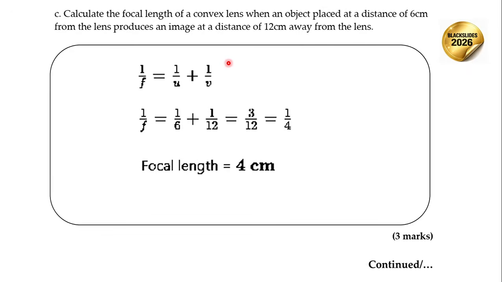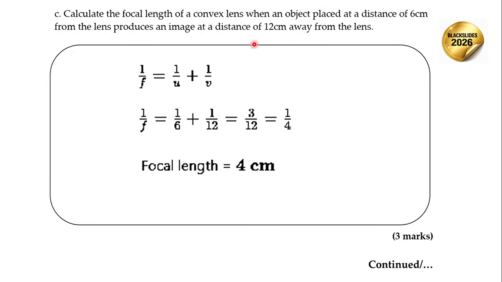Calculate the focal length of a convex lens when an object placed at a distance of 6 centimeters from the lens produces an image at a distance of 12 centimeters away from the lens. So you have to recall the lens formula. The lens formula states that 1 over focal length is equal to 1 over object distance plus 1 over image distance. Know these terms and the equation.